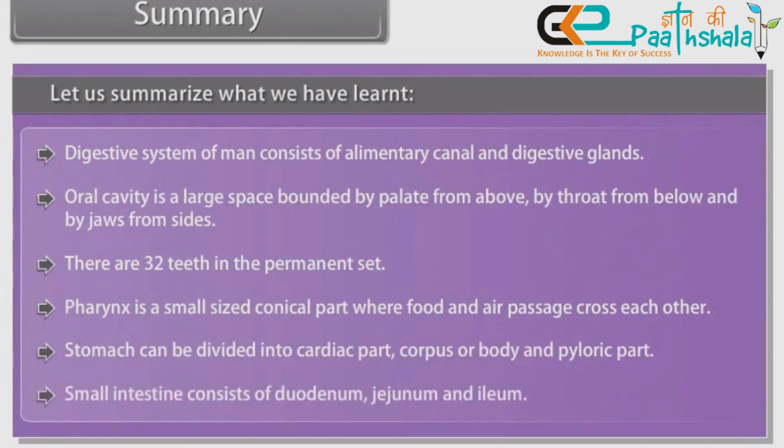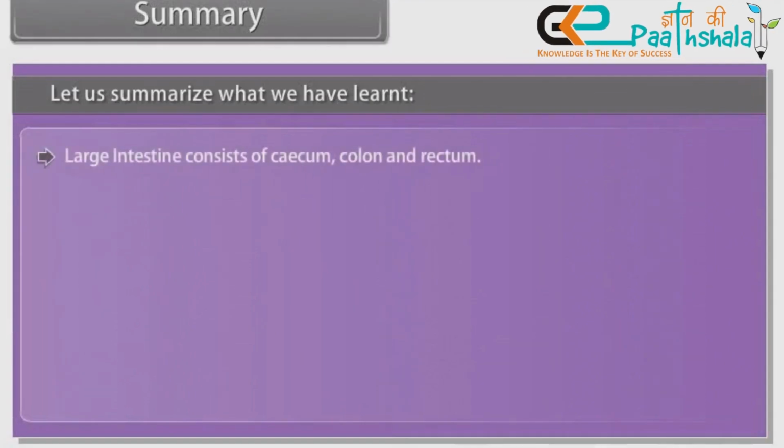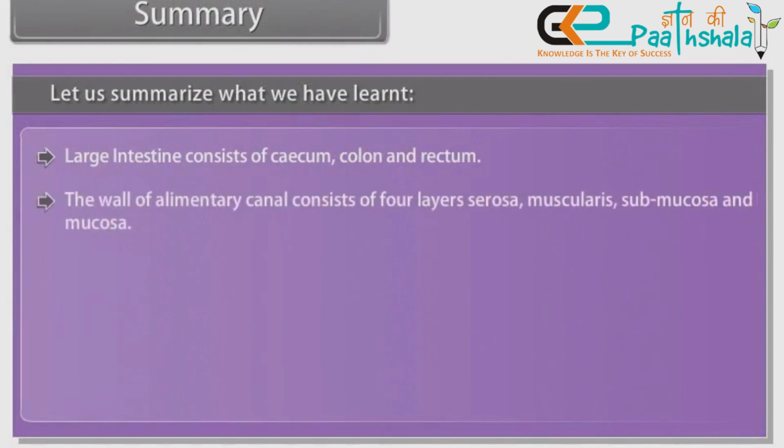Small intestine consists of duodenum, jejunum, and ileum. Large intestine consists of caecum, colon, and rectum. The wall of the alimentary canal consists of 4 layers: serosa, muscularis, submucosa, and mucosa.